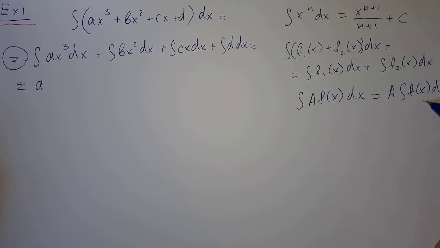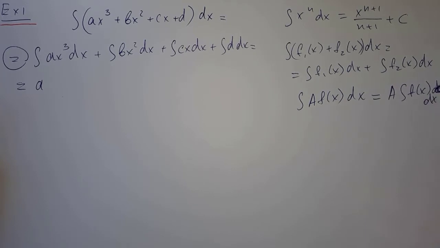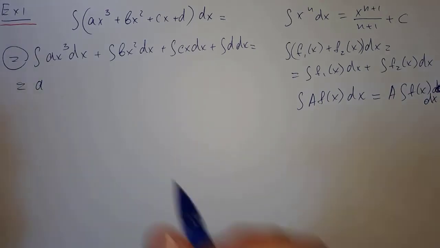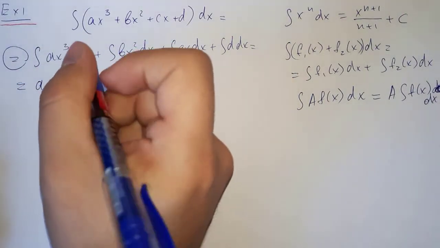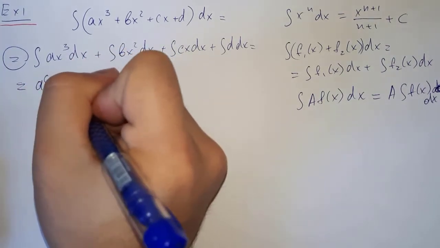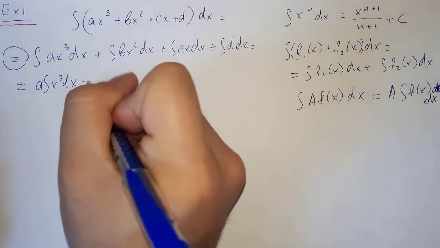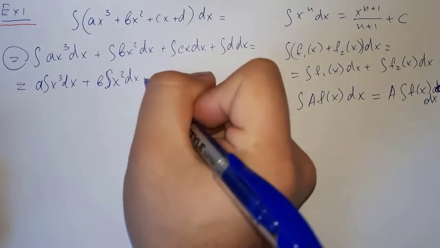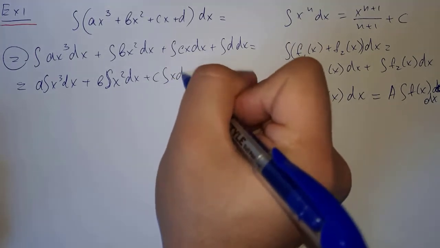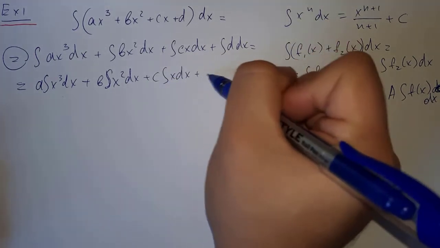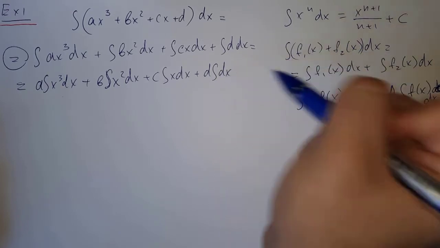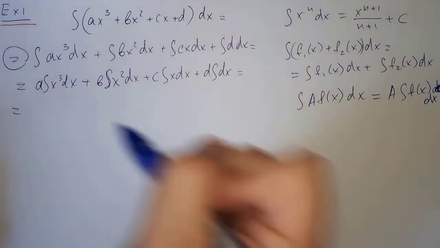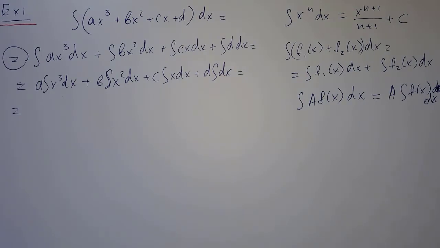So now we will use it: a times the integral of x cubed dx plus b times the integral of x squared dx plus c times the integral of x dx, and plus d times the integral of dx. Okay, and now we will calculate each of these integrals.